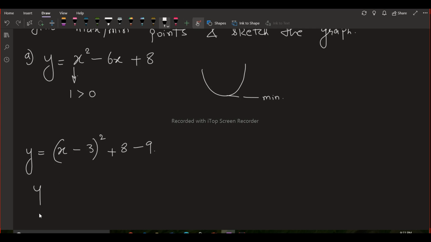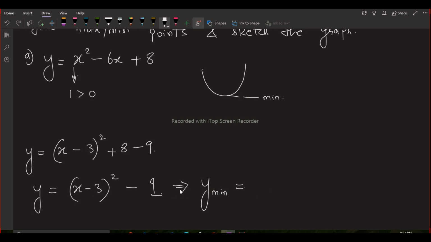So this will be y equals x minus 3 the whole square minus 1. So we have converted this into completing the square form, and we got this particular form.